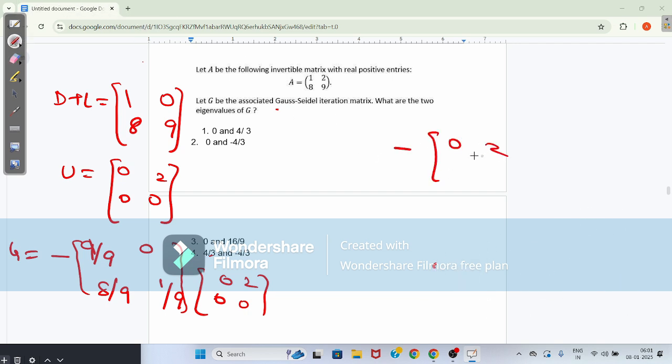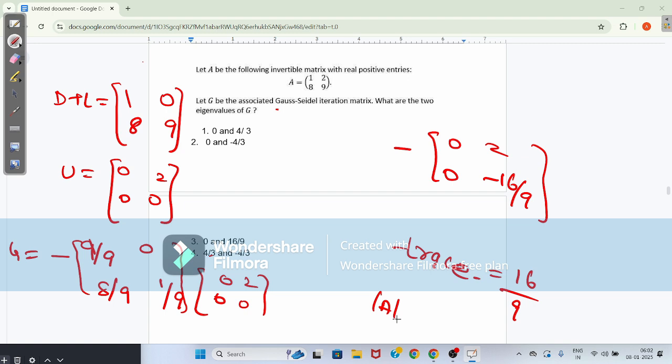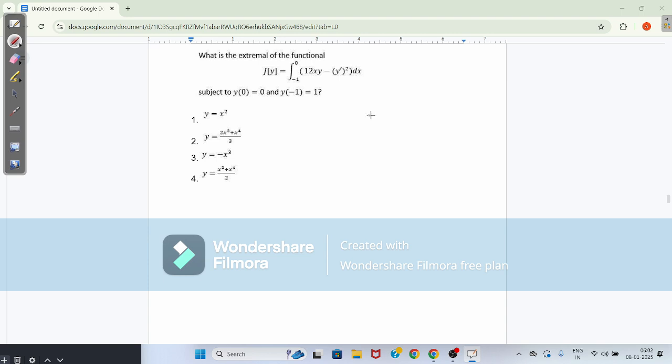Minus of 0 2 0 minus 16 by 9 here. Now take the trace here, what will we get? 16 by 9, and the determinant gives the value 0, so 0 and 16 by 9.